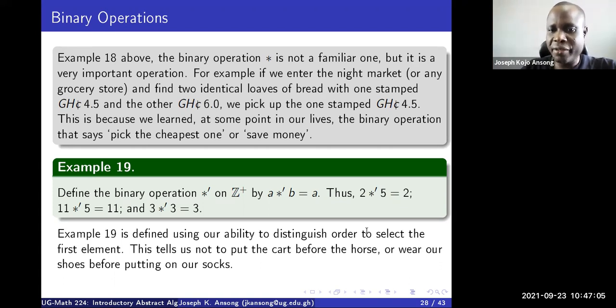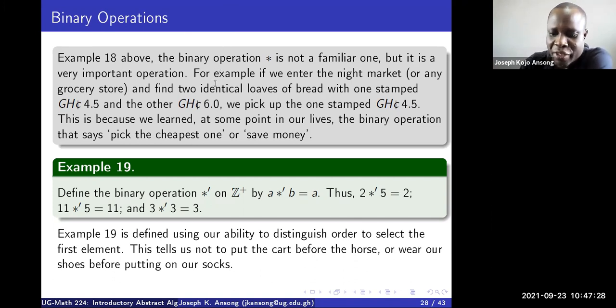Because at some point in your life, somebody taught you to pick the cheapest one, or try and save money. So you grab the 4.5 cedis one and leave the 6 cedis one for maybe the rich guys.